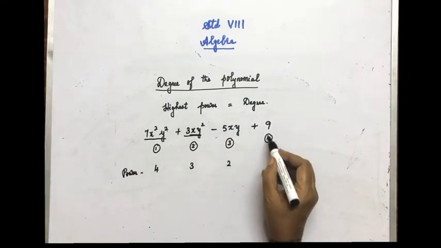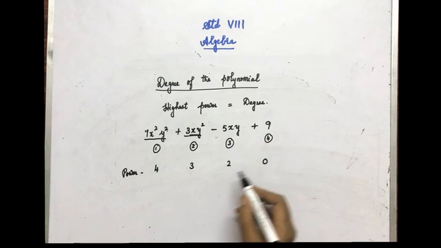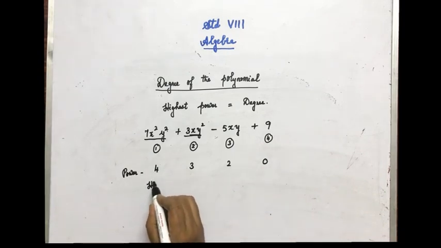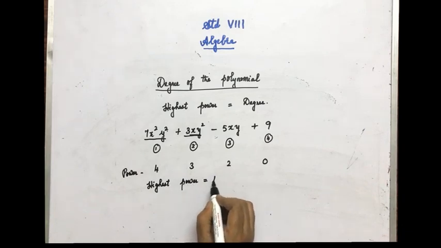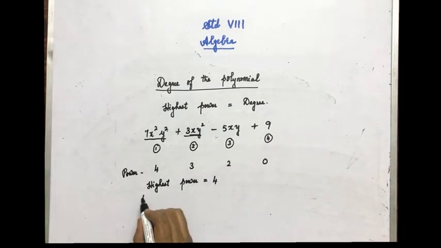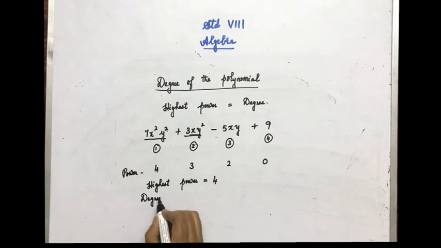And this is a constant. The power of a constant is 0. So which is the highest power now? The highest power is 4. That means the degree of the polynomial is 4.